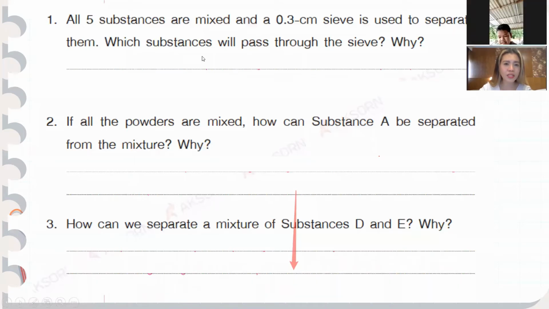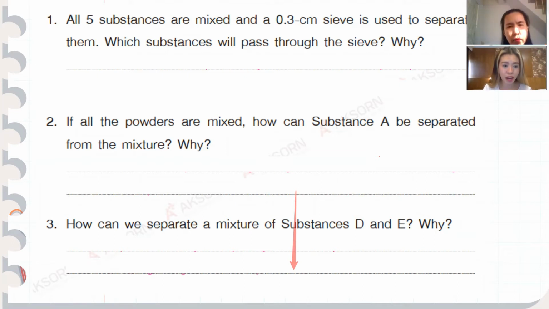Which substances will pass through the sieve? Why? Okay, let me repeat. All 5 substances, A, B, C, D, and E, are mixed together in, let's say, a bowl. And then we use a sieve to separate all of them.